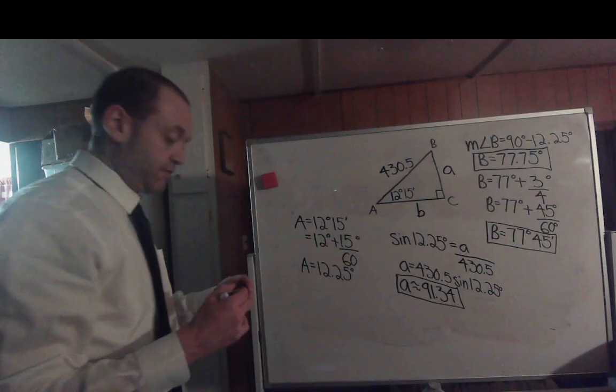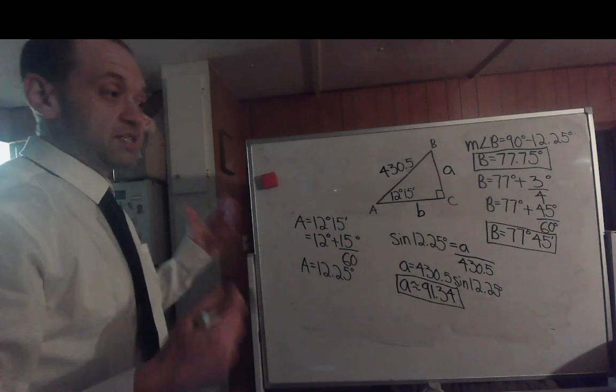So side A has a length of approximately 91.34 units. Now let's find side B.